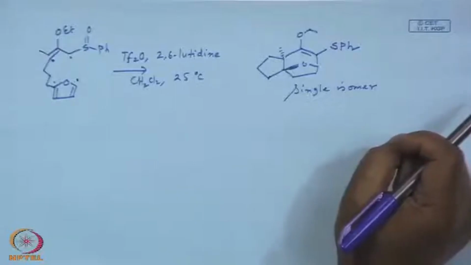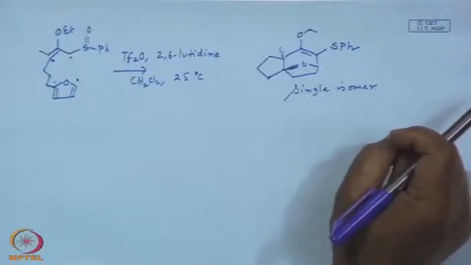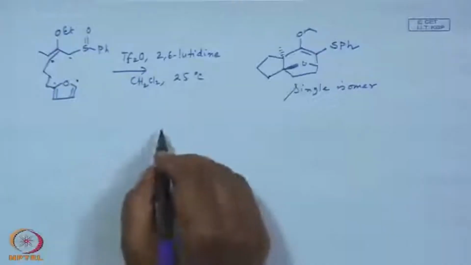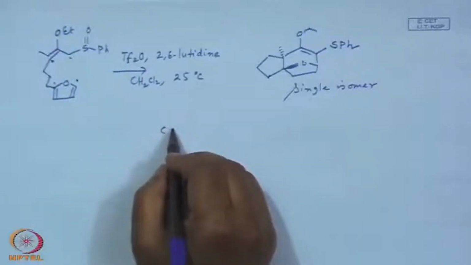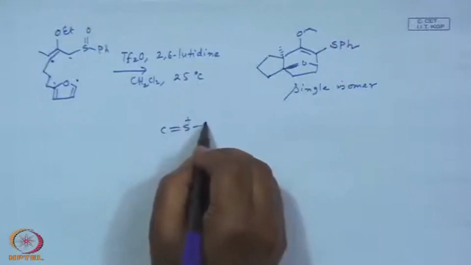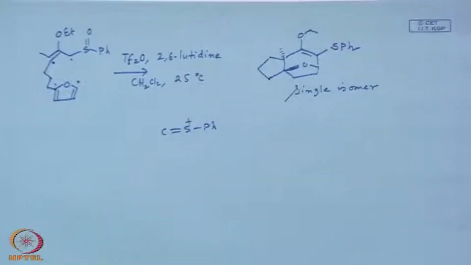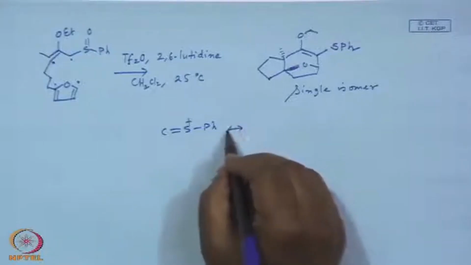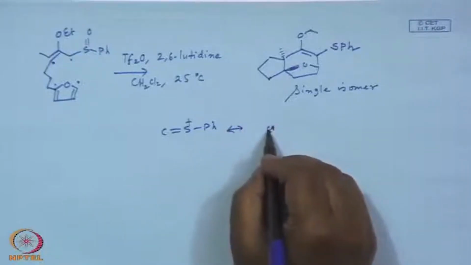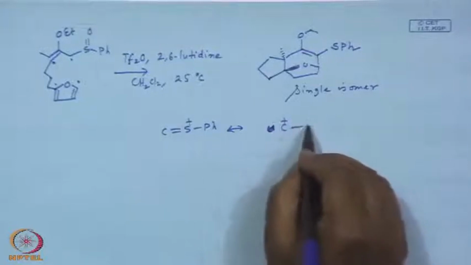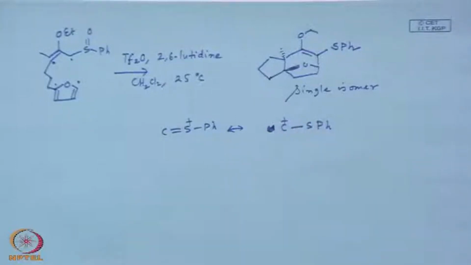Okay. But once again there is a new trick to produce a carbocation. What is this carbocation? It is a system like this. If you draw the resonance structure, it will be this.